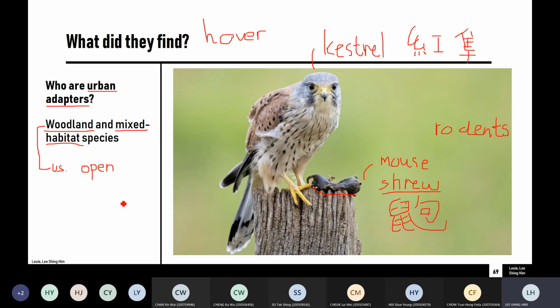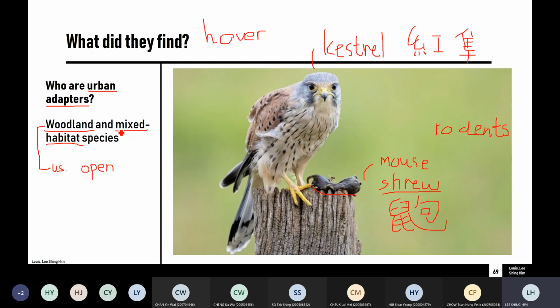In open habitat, the vegetation is shorter than in woodland habitat. Perhaps in open habitat, there are only grassland, okay? 草原, okay? But in woodland habitat, there are some woods or maybe forest. So that is the difference.